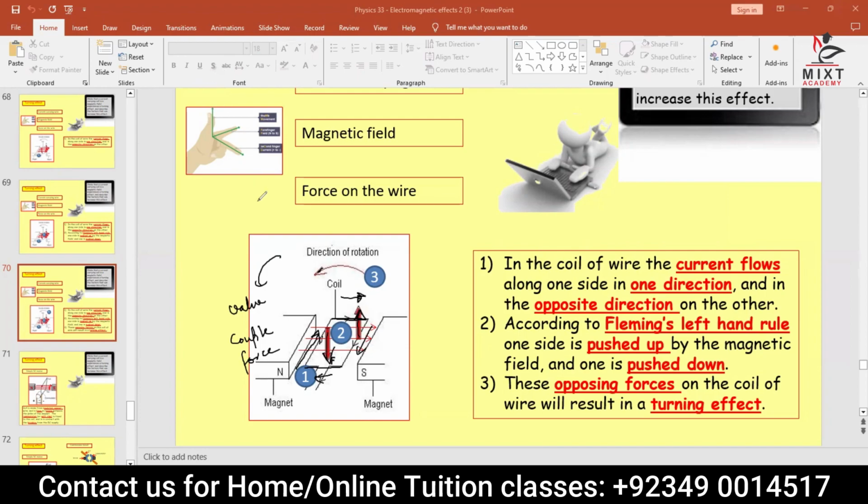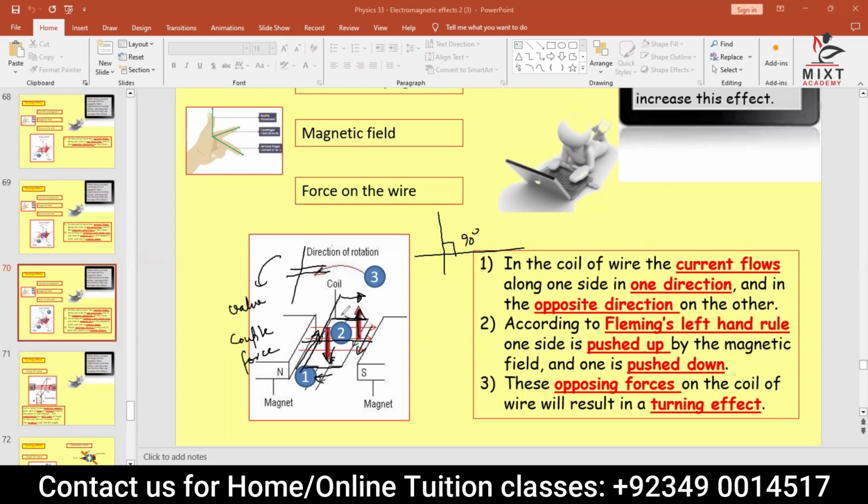No. I told you one thing, if you remember: the direction of a current should make an angle of 90 degrees with the direction of a magnetic field. The direction of magnetic field is from left to right, straight, right? And the direction of current is this way. Remember that the direction of a current and magnetic field should make an angle of 90 degrees. So the sides which make a 90-degree angle with the direction of a magnetic field create a turning effect.